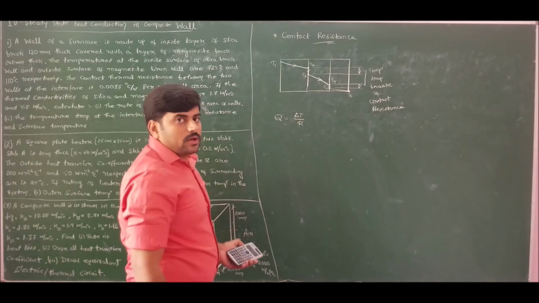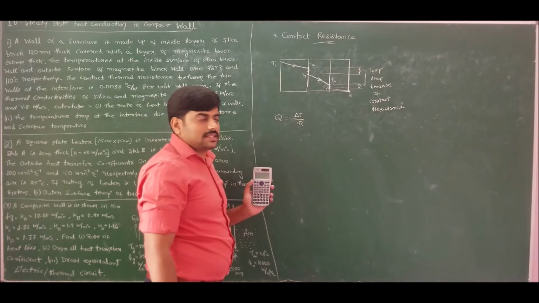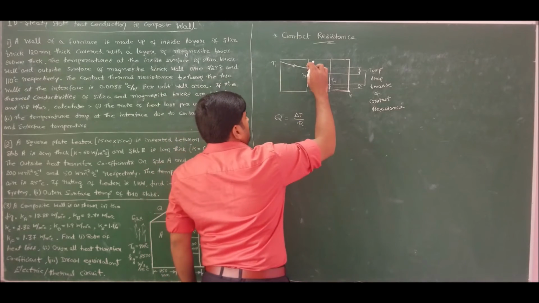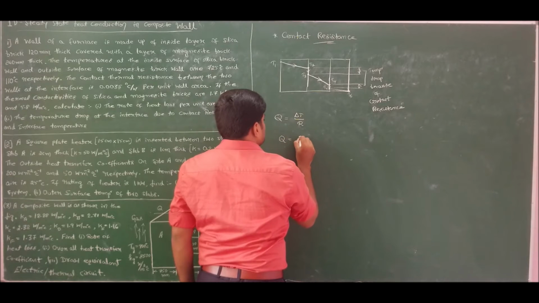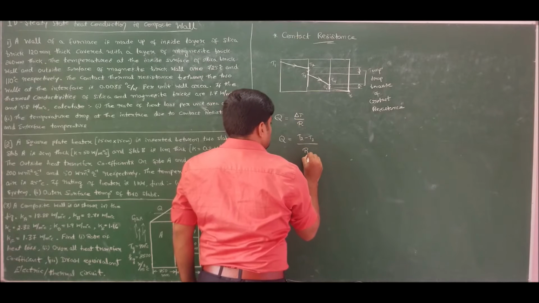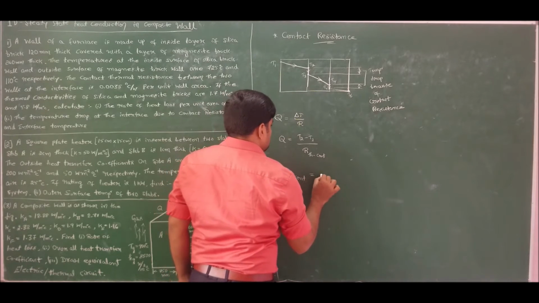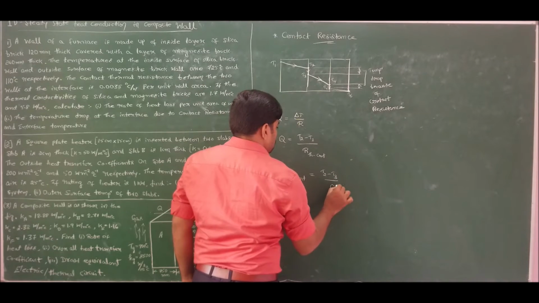This resistance might be thermal resistance due to conduction, or convection resistance. The formulas are already learned. Now, between points 2 and 3, Q is equal to T2 minus T3 by R, the thermal resistance due to contact.